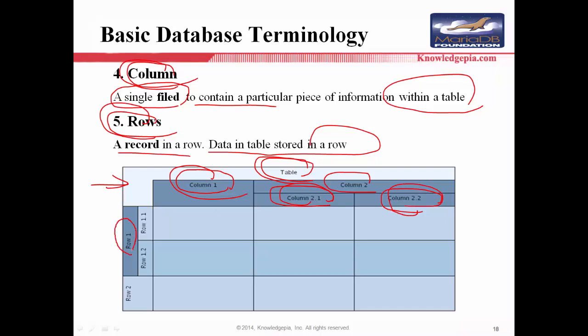And the rows here: row 1 and row 2. Row 1 is also divided into row 1.1 and 1.2. So there are 3 rows. Each data here must be stored in these spaces. Normally we call this kind of data a value.